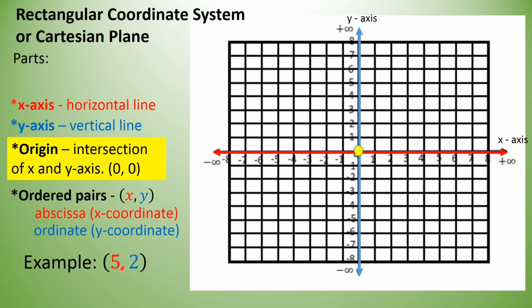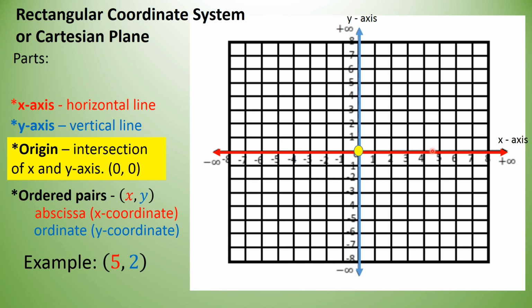Example, we have 5, 2. So 5 is our x coordinate and 2 is our y coordinate. In our Cartesian plane, we can find 5, 2 from the point of origin.